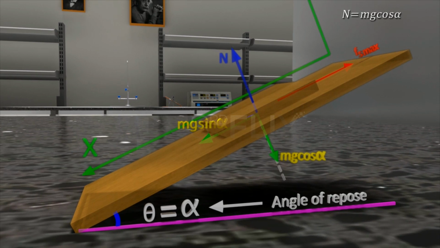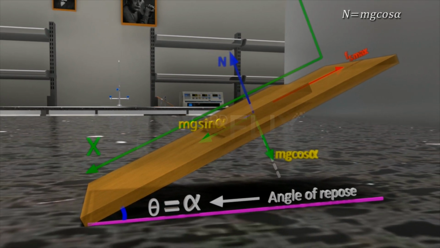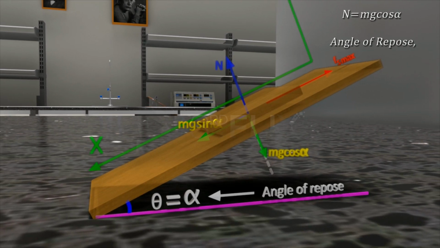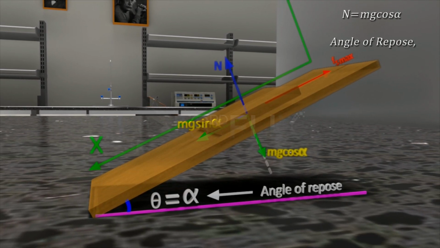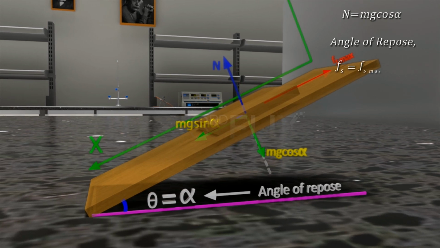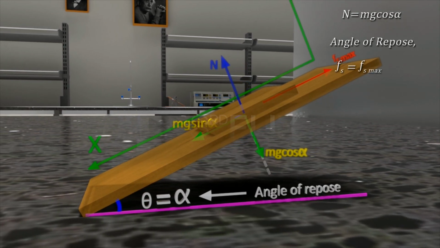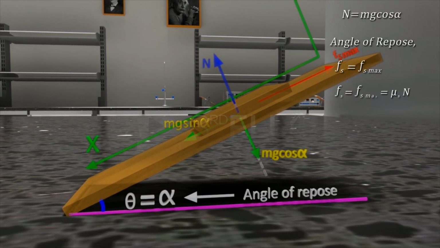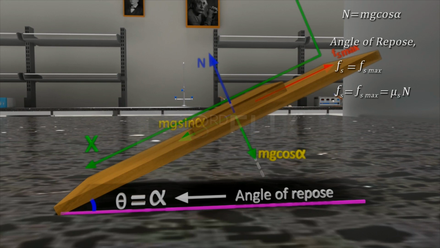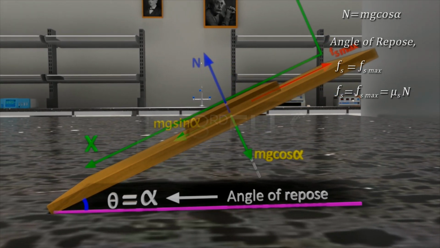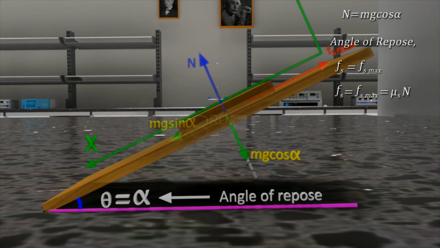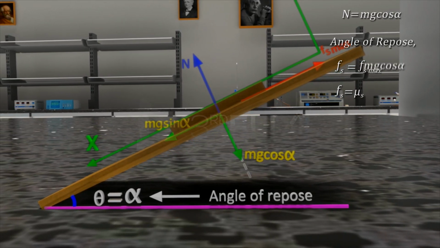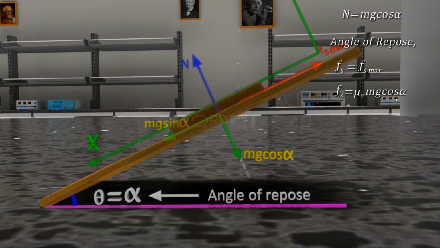Static friction reaches its limit at the angle of repose. We know that limiting friction is equal to the product of the coefficient of static friction and the normal force. That is, static friction acting up the inclined plane is equal to μs mg cos alpha.